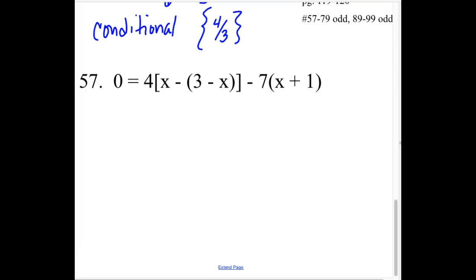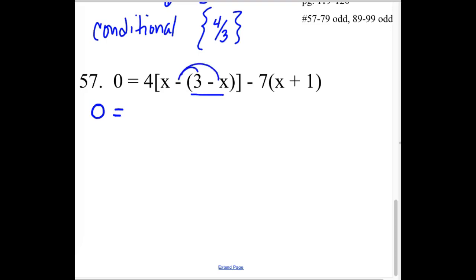All right. To get started, notice that on the left side, all we have is a 0. So we really just have one side of this equation we have to do some simplifying on. All right, on the right-hand side, starting with the innermost bracket would be this piece right here. We've got 3 minus an x. Why is the parentheses around that?